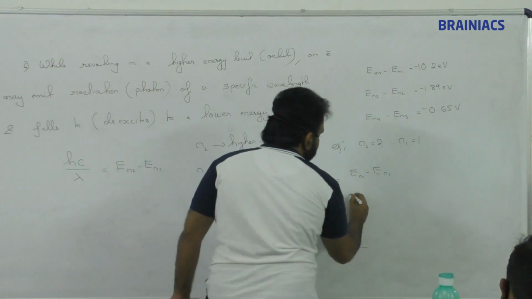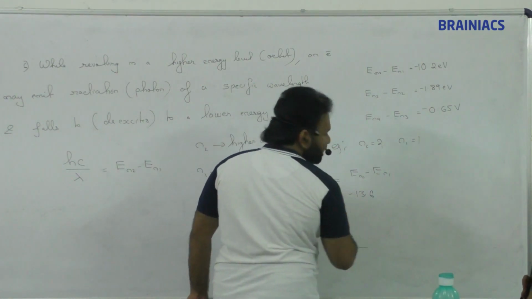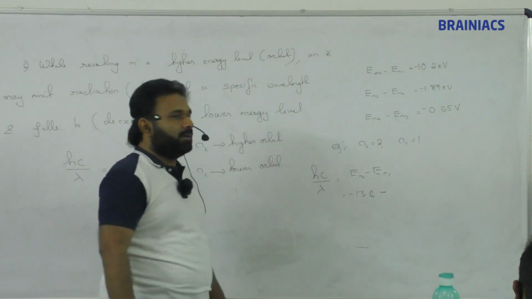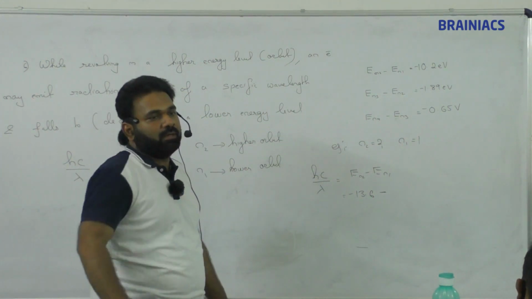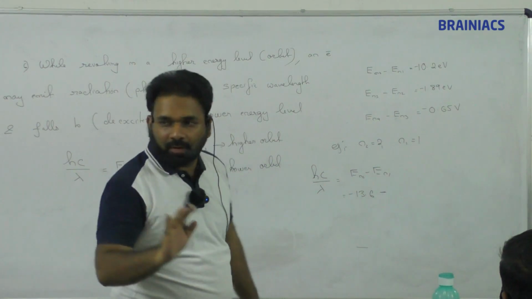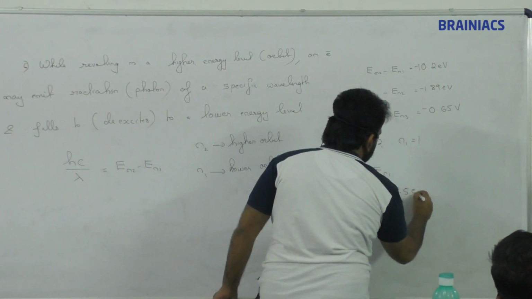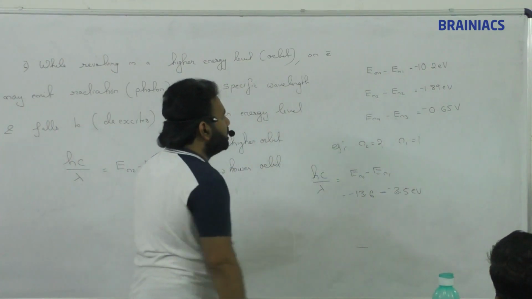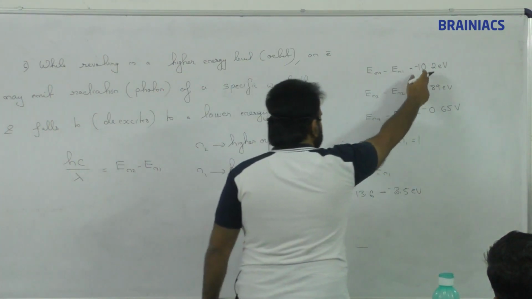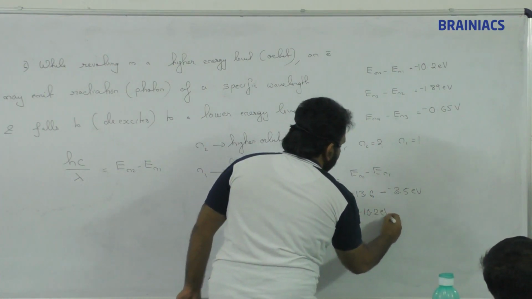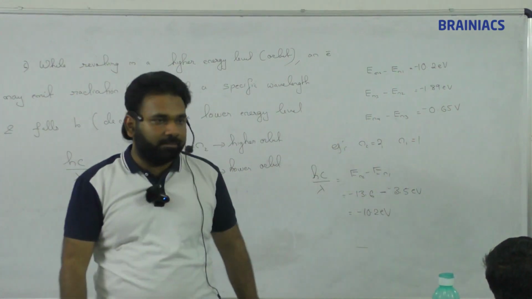So if you put minus 3.5 electron volt minus of minus 13.6 electron volt, what are we getting? This value, right? 10.2 electron volt.